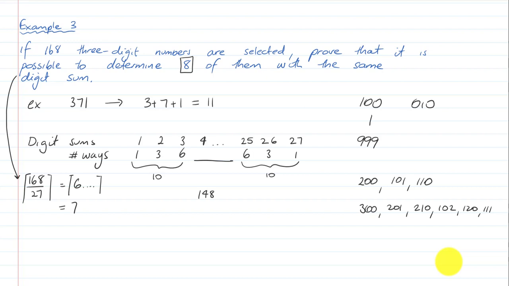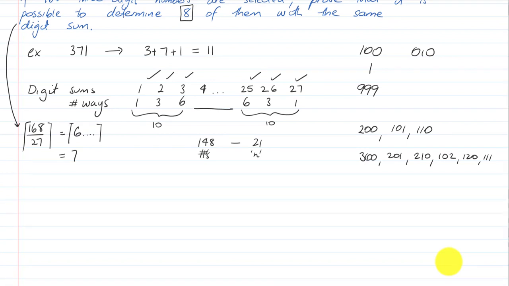And because we have 27 digit sums, 1 to 27, but we've used up 6 of them, 1, 2, 3, 4, 5, 6, it means that we have 21 digit sums left. So we've got 148 numbers, they're our objects, and 21 is our number of digit sums, so these are our holes, which means that's n.